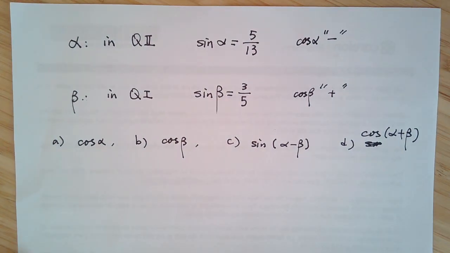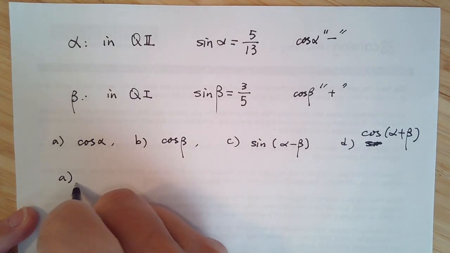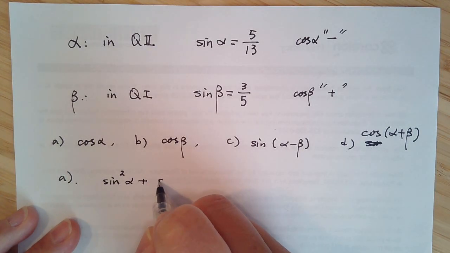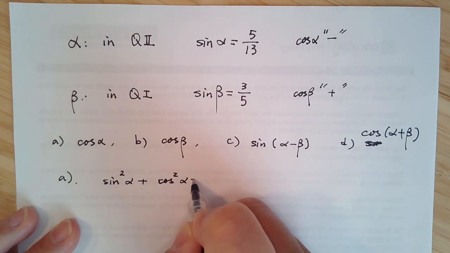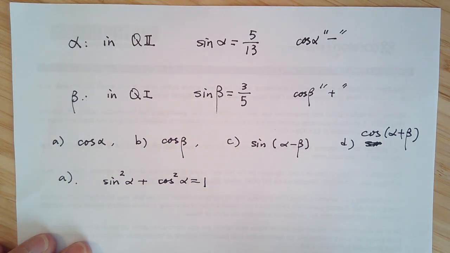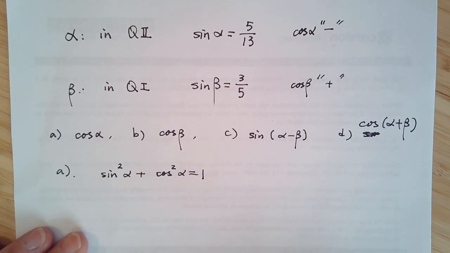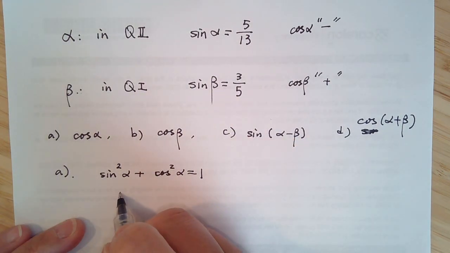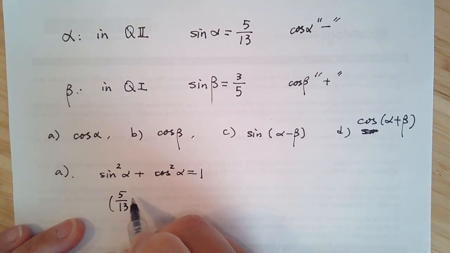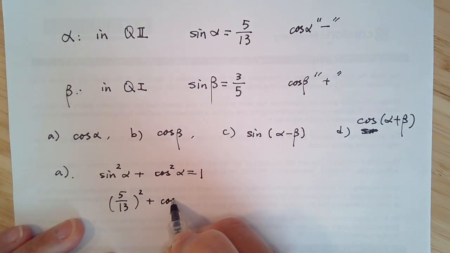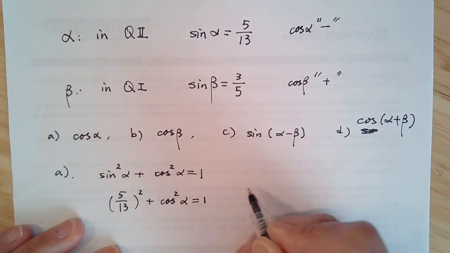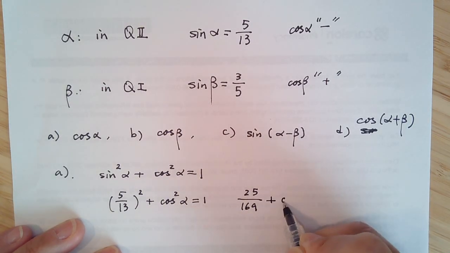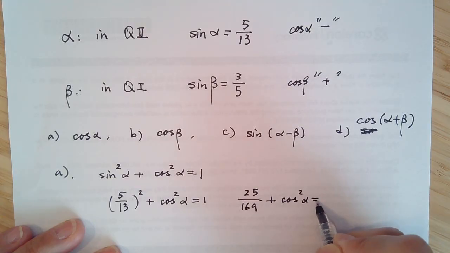All right, now for cosine alpha, since we know sine squared alpha plus cosine squared alpha equals 1. Do you still remember where we have that? The magic hexagon, right? So we know sine is 5 over 13, so 5 over 13 squared plus cosine squared alpha equals 1, which is 25 over 169 plus cosine squared alpha equals 1.